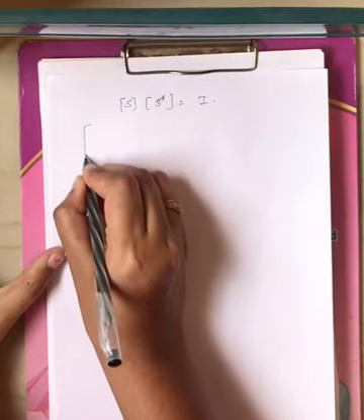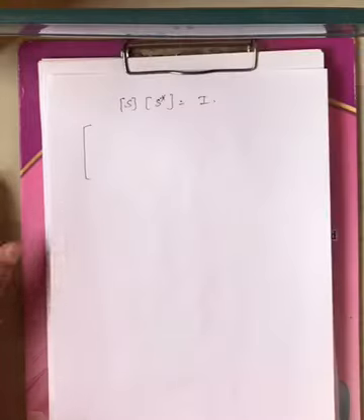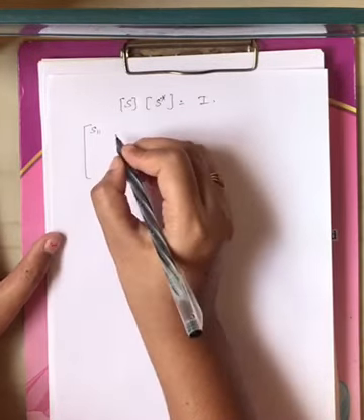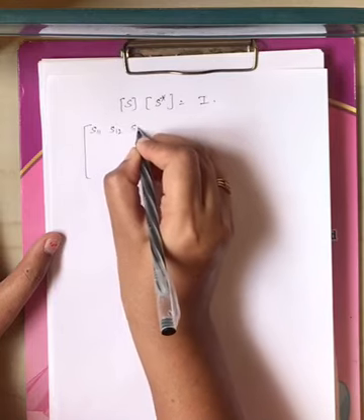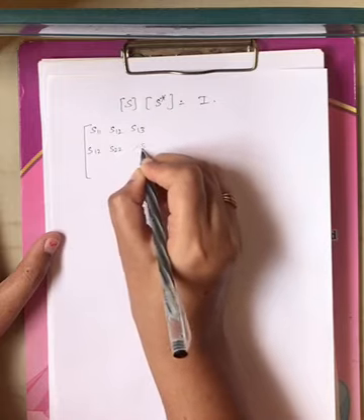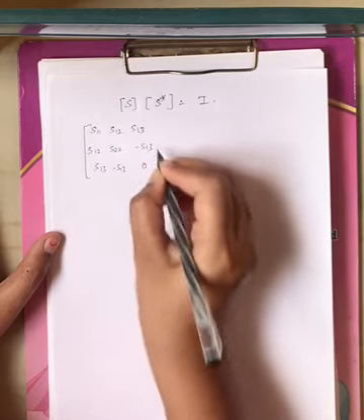Now substitute the S matrix that we have derived. After substituting all the properties, the S matrix is S11, S12, S13; S12, S22, minus S13; S13, minus S13, 0, right?